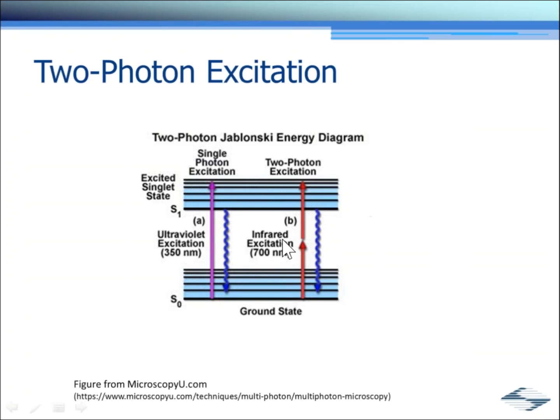In other words, these two photons together hitting our fluorophore can then knock it into the excited state. Once the fluorophore is in the excited state, it wants to relax back down to the ground state, and it does so by releasing the same emission photon that we saw in the single photon excitation pathway.